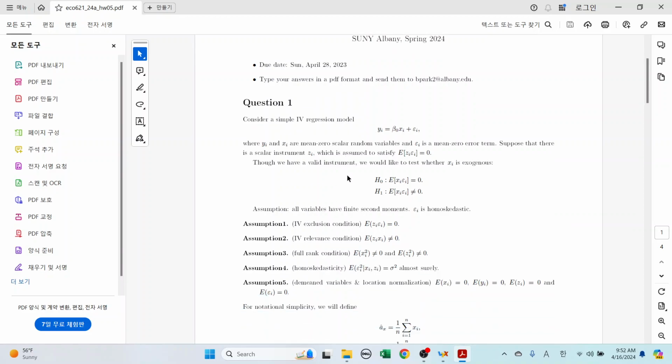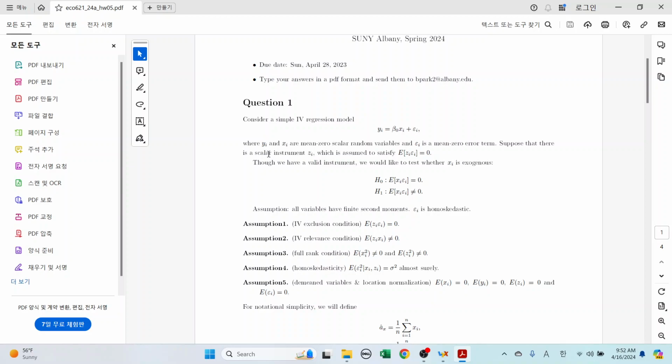Of course, pause the video if you haven't read the homework. Read the homework first and then listen to what I do. Basically, the simplest possible example is linear regression with one regressor, mean zero, there is no intercept, and we are not sure if this regressor is endogenous or exogenous.